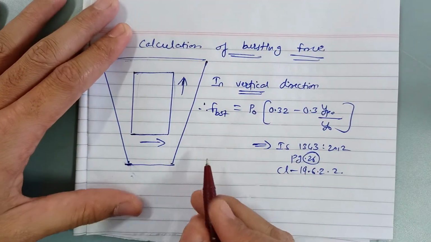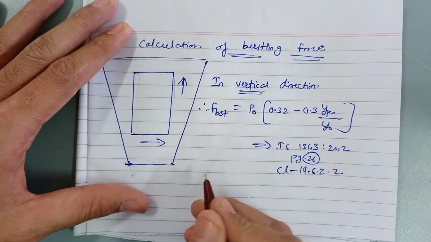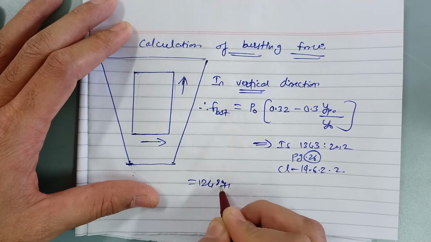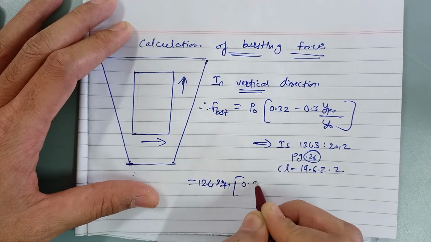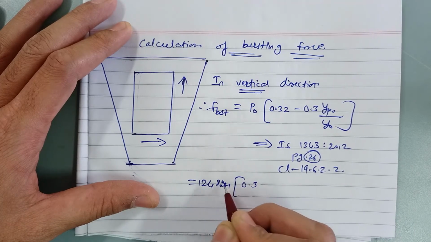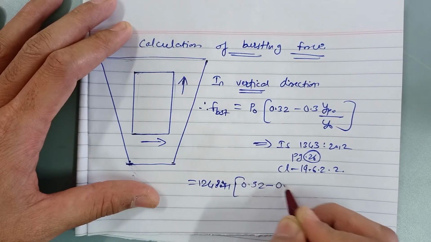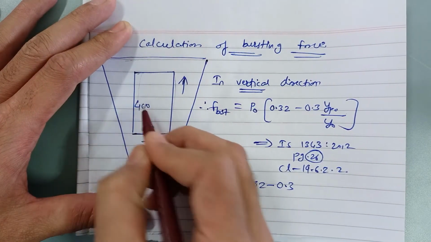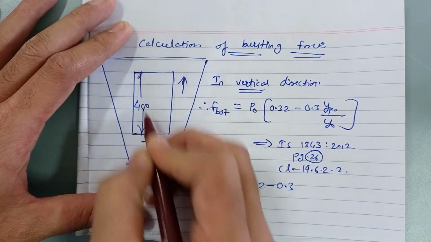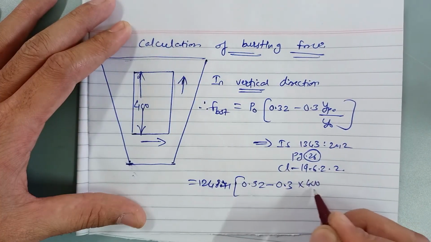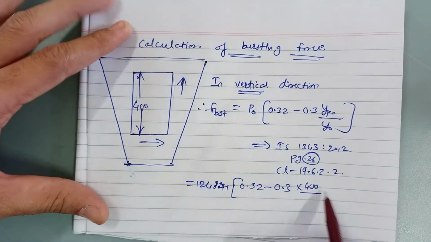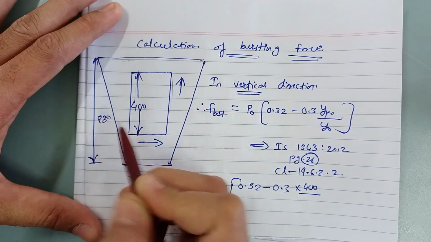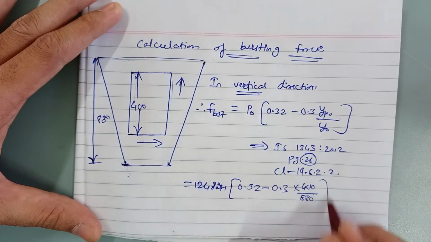If we are calculating bursting forces in vertical direction, then substitute P0 as 1248.71 kilonewton, into 0.32 minus 0.3 into YPO. Here YPO is nothing but depth of the bearing plate, and YO is the corresponding depth of the section, that is 830 mm.